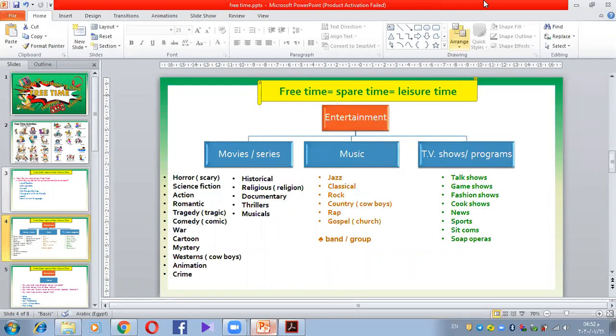Tragedy, or tragic movies. Tragedy means the adjective is tragic movies. Tragic means it has a sad story inside, something that makes you feel sad, or you feel sorry for the actor, or for the actress, or for the situation.